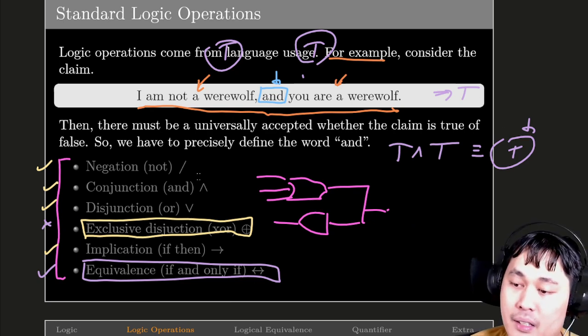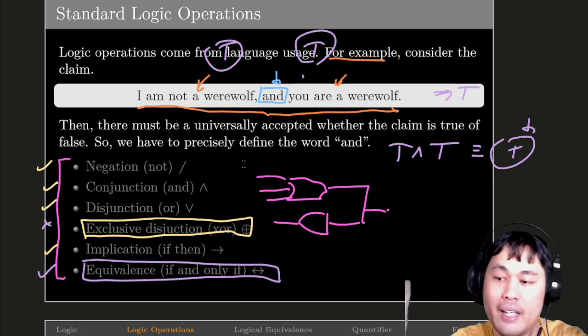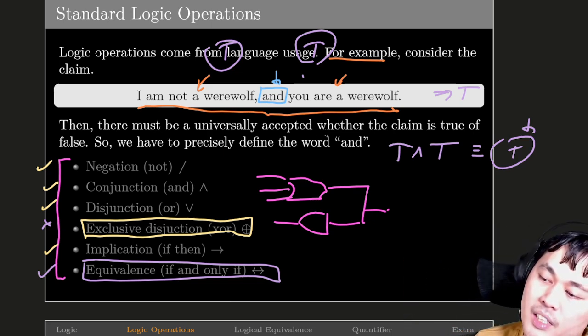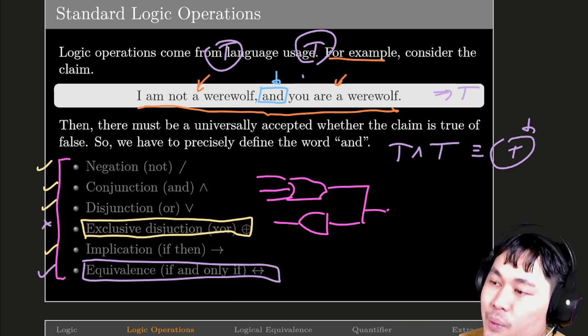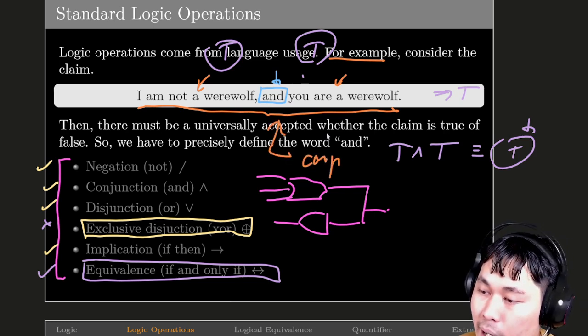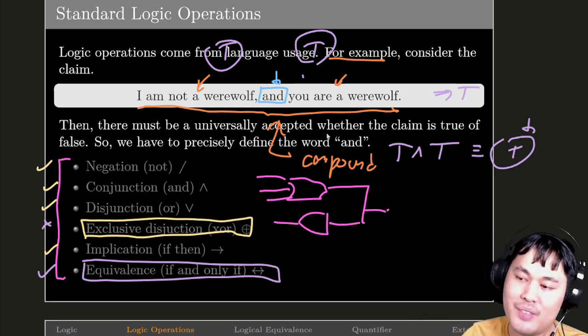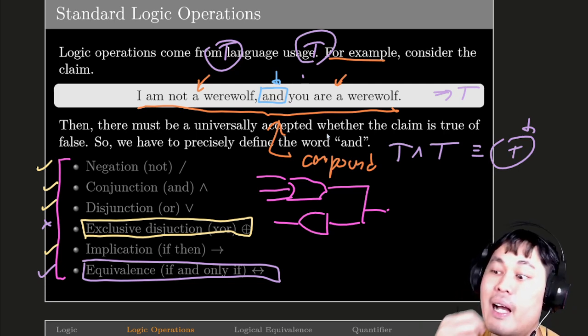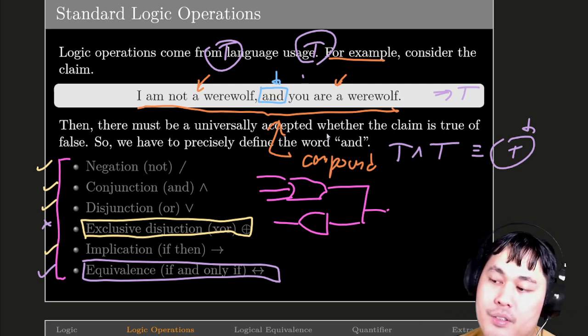So these are the 6 operations that we can use to combine statements together to produce a new statement. Oh, and by the way, this is what we call a compound statement. Just like you have a compound sentence where you combine two sentences together, we have compound propositions or compound statements.